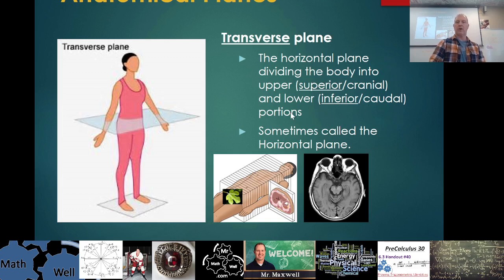Okay, so inferior, caudal. This is sometimes also called the horizontal plane. And you see some more, look at this little cross section there. That is a transverse plane right through the eyeballs. Right about here. So those are the eyeballs there, and your brain, your spinal column in the middle there. Okay.